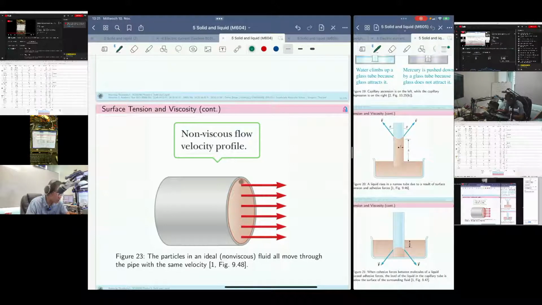There is no friction between different layers of liquid, so all layers have the same amount of velocity. So we have the flat profile, the same velocity at different points in this cross-sectional area of the pipe.